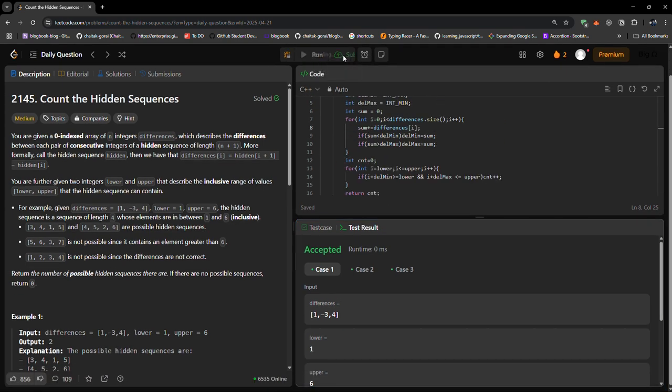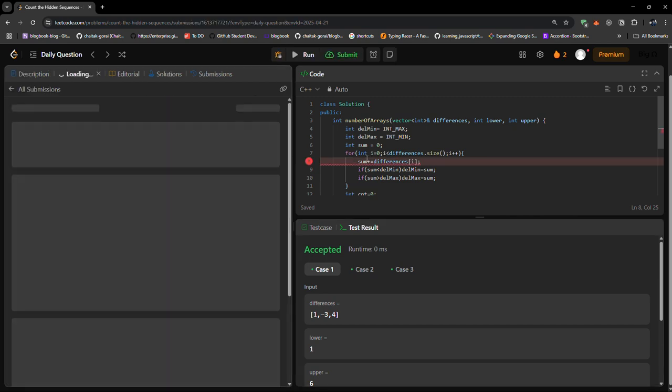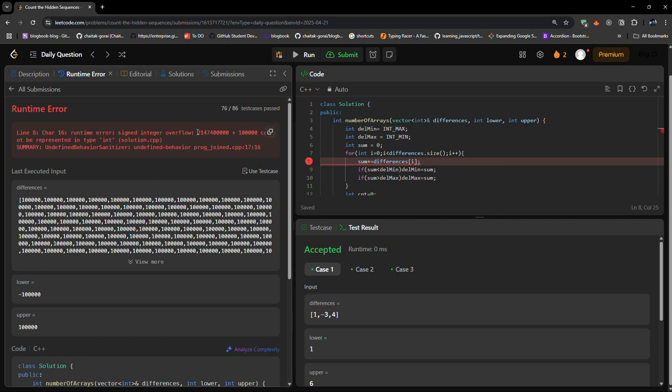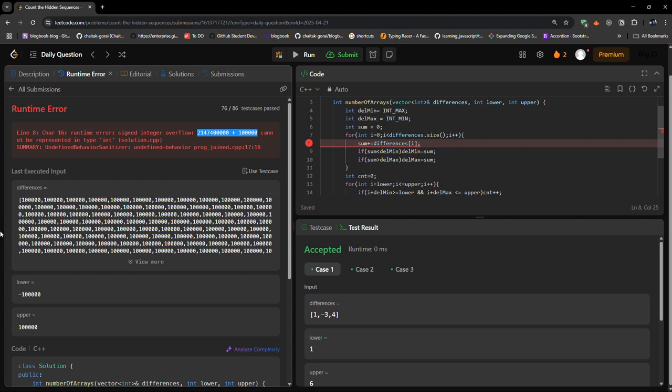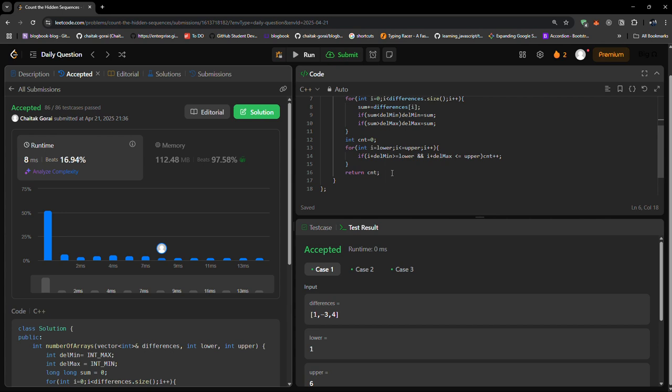If we try to submit this code, you can see there is a runtime error, signed integer overflow, happening because each value of differences can be up to 10 to the power 5, right? So we have to change it from integer to long. If we do it and submit it, it's fine, right? So this is the possible solution.